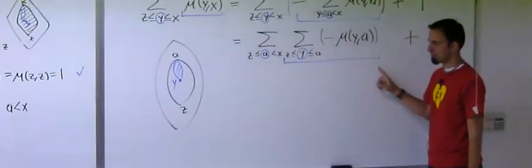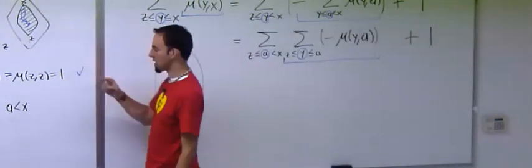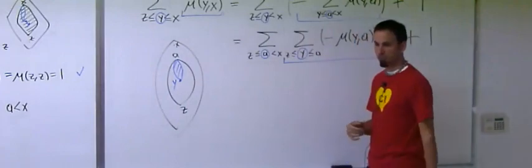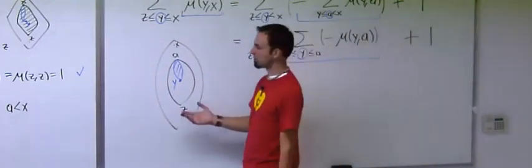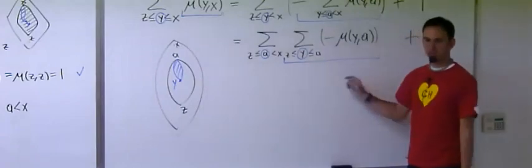Well, it's exactly the same kind of sum that I'm trying to compute, except here I'm computing it between z and x, and here I'm computing between z and a. x is up here somewhere. In other words, this sum right here is one of the ones that I have by the induction hypothesis.